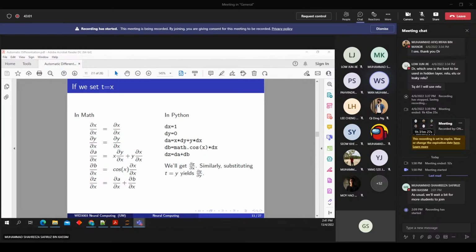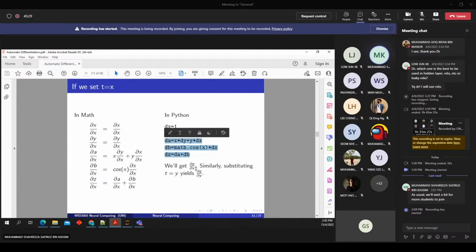Is there a reason for us to set t equals x, or is it just for simplicity's sake? This is for how to compute. The reason t equals x is because we want to seed the algorithm, meaning we want to do this calculation.